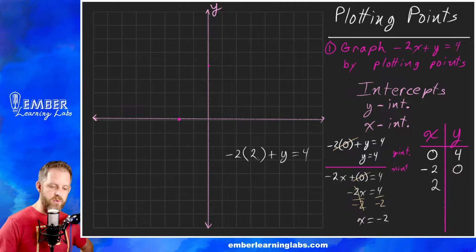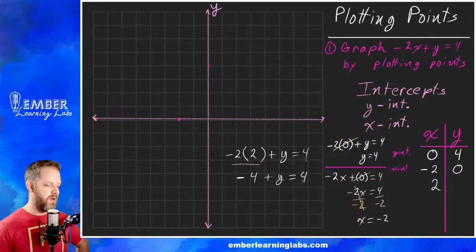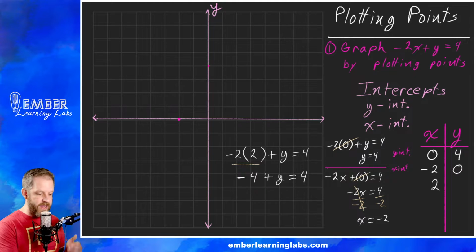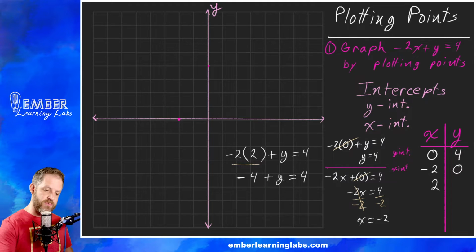Now we're going to solve for y. We've got a little bit of a cleanup step. -2 times 2 is -4. Bring down plus y equals 4. This 4 here is subtracted from y because adding a negative is the same as subtracting, right?